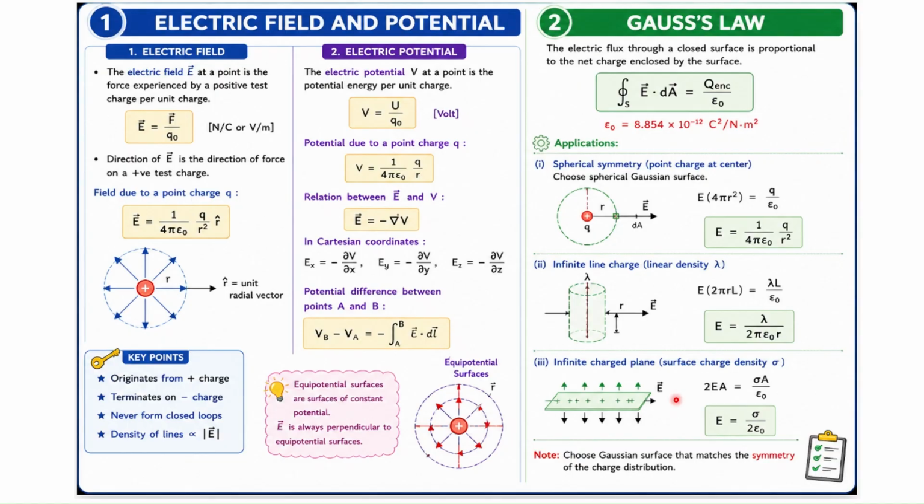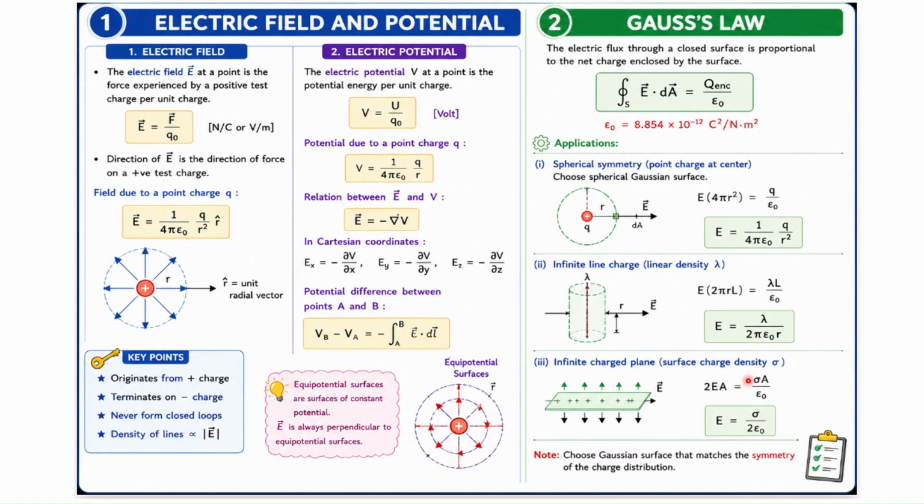So Gauss's law gives us the relation 2EA equals rho A over epsilon naught. Someone could also write it as 2EA equals Q enclosed over epsilon naught. The area A cancels out just like the length in the previous case, and we are left with E equals rho over 2 epsilon naught.